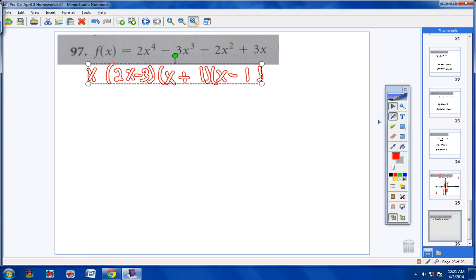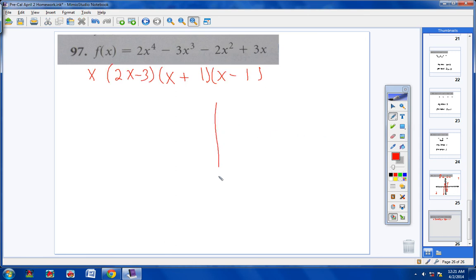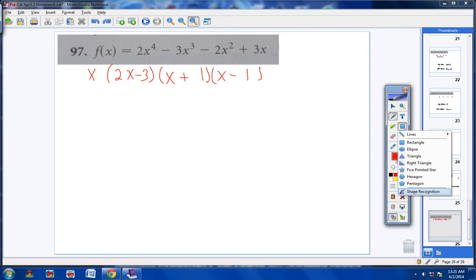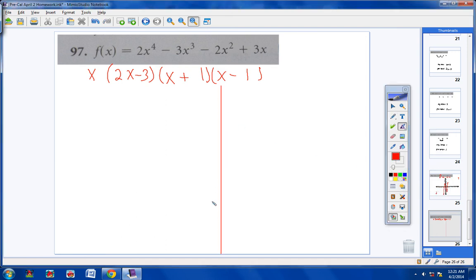Okay, first of all, let's go ahead and draw our coordinate plane. And here we go.